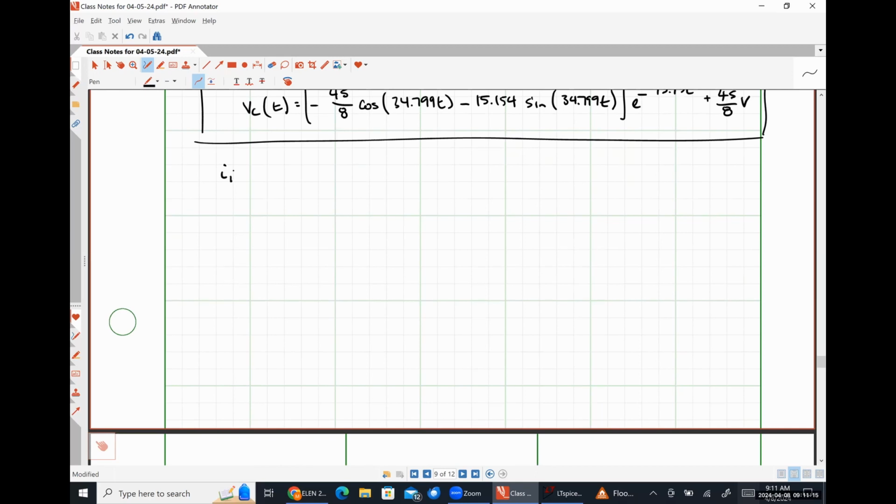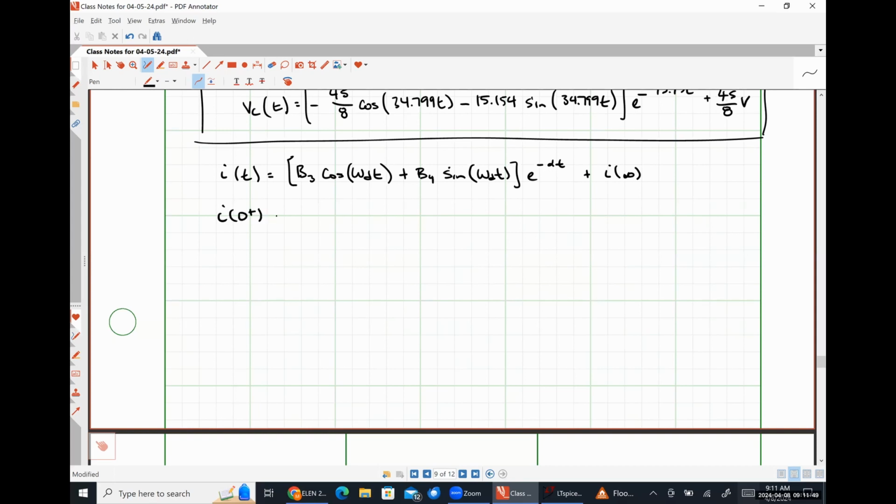Just for the sake of argument, IL of T is going to be B3 cosine omega d t plus B4 sine omega d t, e to the negative alpha t, plus I at infinity.